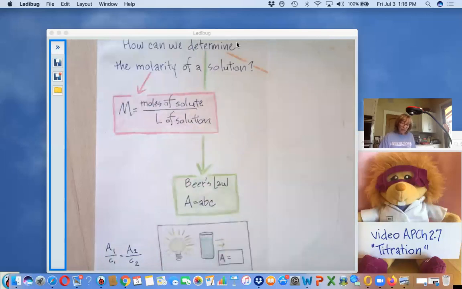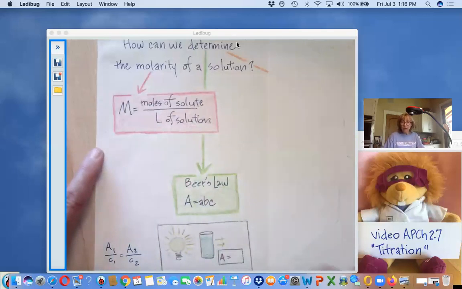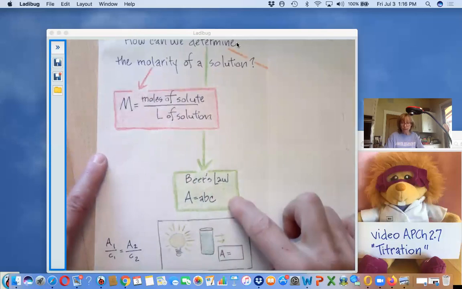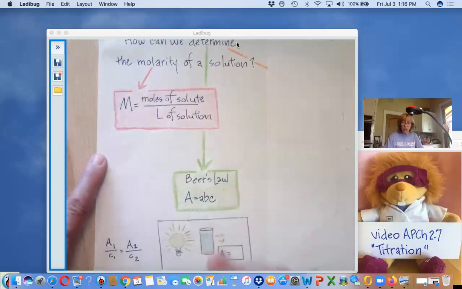Sometimes, though, we're going to be given a solution and its molarity is not known. So we've talked about Beer's law, which is a relationship between how light is absorbed by a colored solution and how that relates to its concentration.